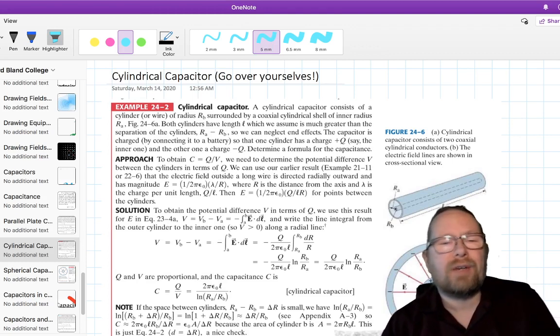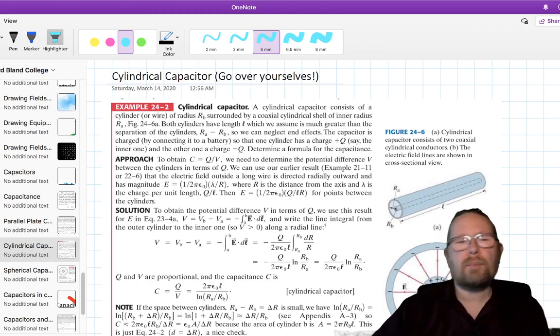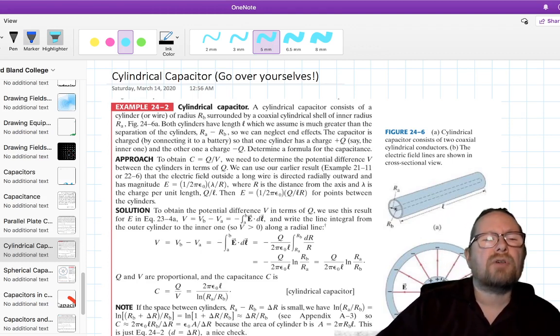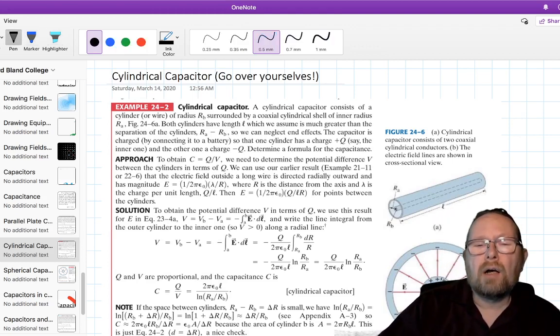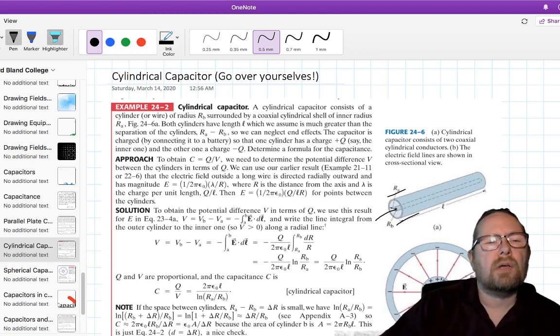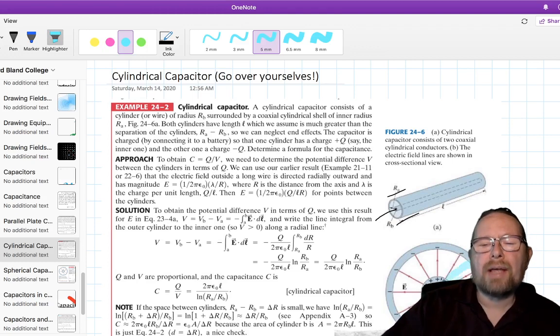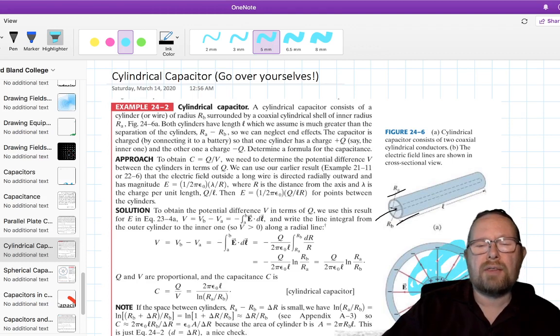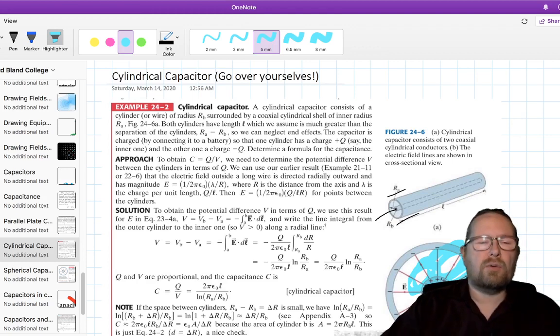Example 24-2 is for a cylindrical capacitor, in other words, a capacitor consisting of one long cylinder inside of another long cylinder, the inner cylinder charged with a charge plus Q, the outer cylinder charged with a charge minus Q. What is the capacitance, or rather, what is the relationship between the charge and the voltage for that geometric arrangement of conductors? Example 24-2 goes over that.